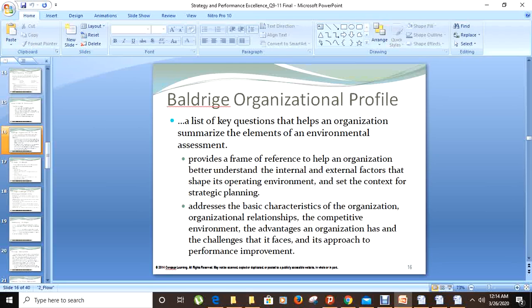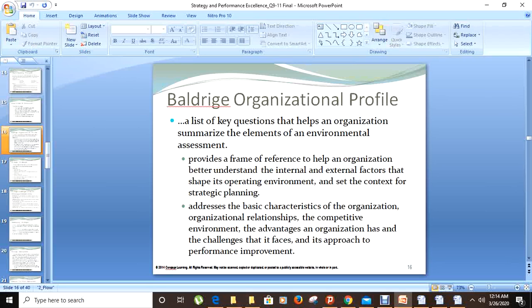Now, a list of key questions helps an organization summarize the elements of an environmental assessment. That is what it means by the actual profile needed for that. It provides a frame of reference to help organizations better understand the internal and external factors that shape its operating environment and set the context for strategic planning.